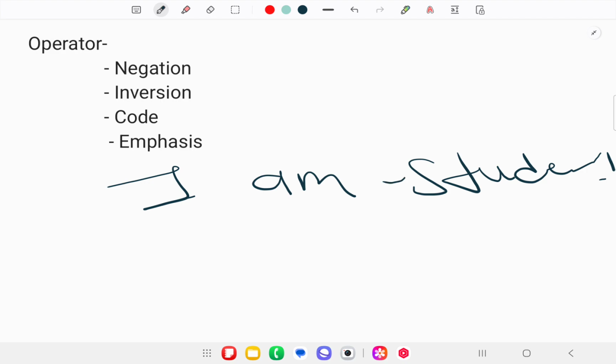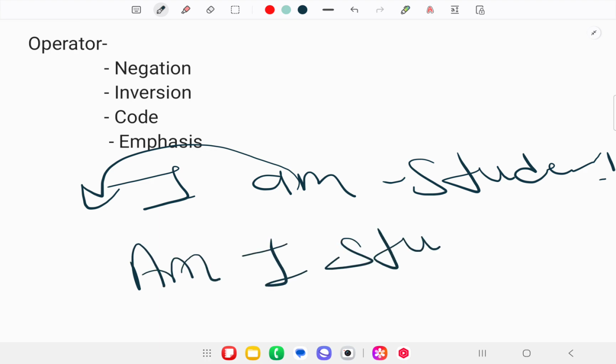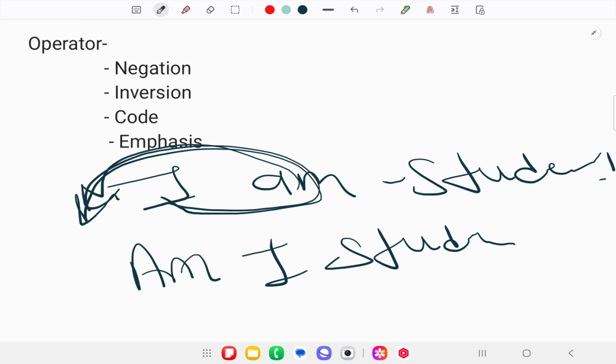But when I talk about the inversion, the am position will come to the front. For inversion, it will be am I student. This is also known as the subject operator inversion.